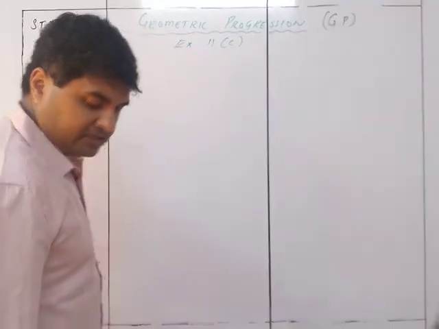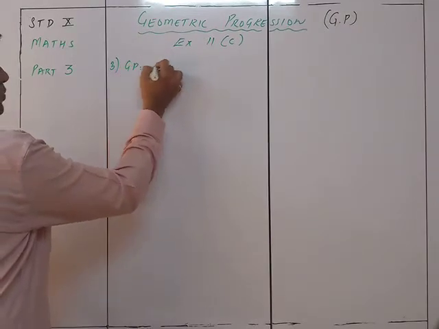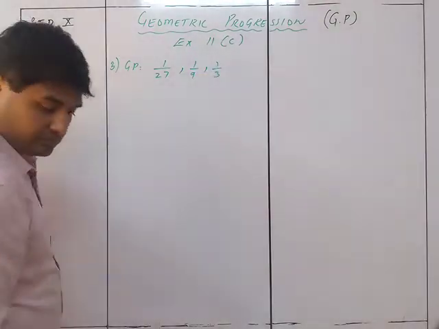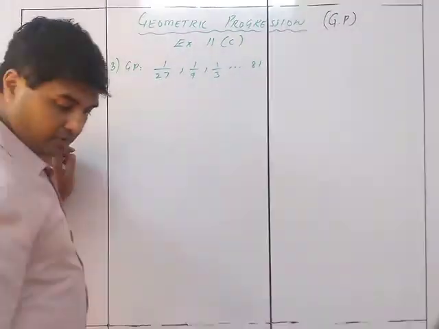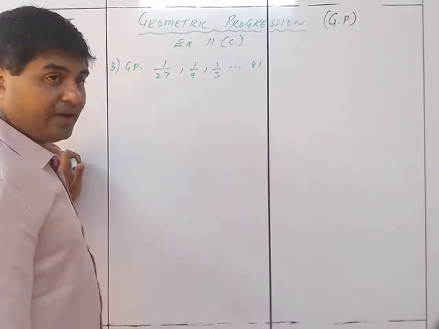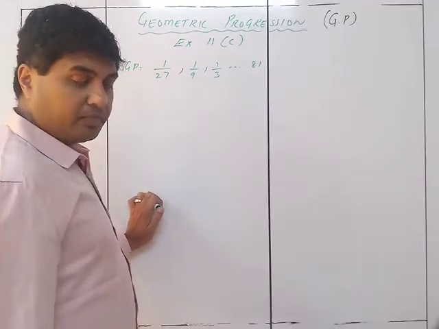Sum number 3. The GP given is 1 upon 27, 1 upon 9, 1 upon 3, up to 81. Find the product of the fourth term from the beginning and the fourth term from the end.